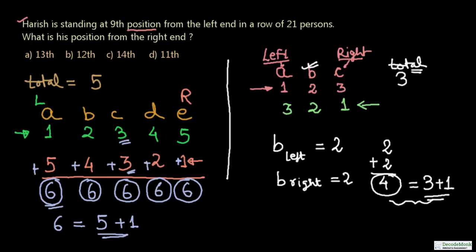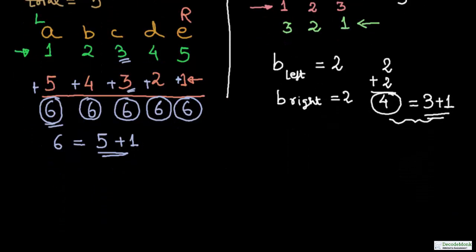Let us take one more example. Suppose the number of persons is 8. So from left hand side, let us say A, B, C, D, E, F, G, H. I hope there are 8 persons.